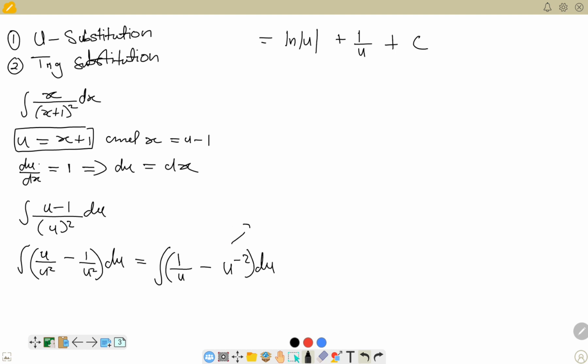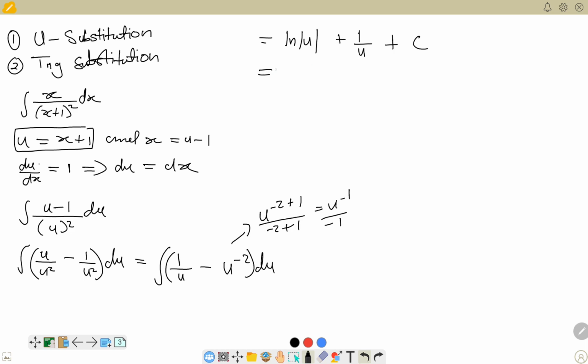Just note that in this one, we said that it's actually u to the power negative 1 plus 1 divided by negative 2 plus 1. And then it's going to be actually negative 1 over negative 1. So the sign will change.